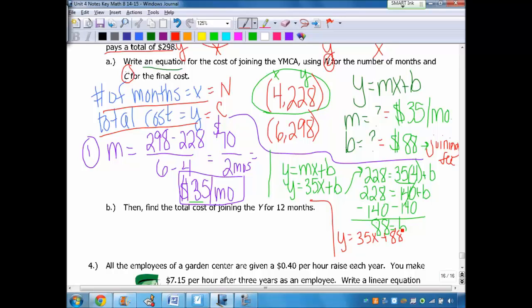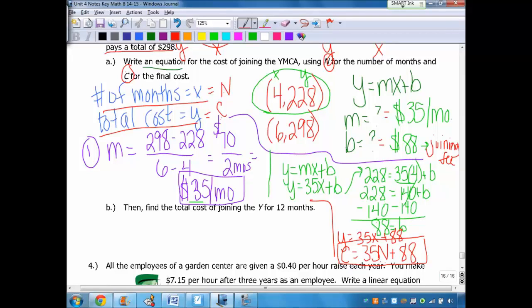However, instead of Y, we're going to use C, and instead of X, we're going to use N. So C = 35N + 88. Now, we have to understand, what does this even mean? This means that the cost is $35 per every N, so per every month, plus an initial fee of $88.